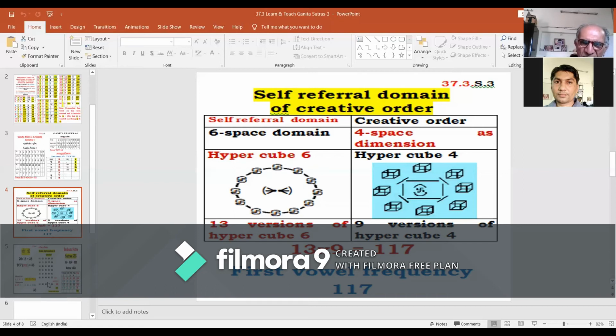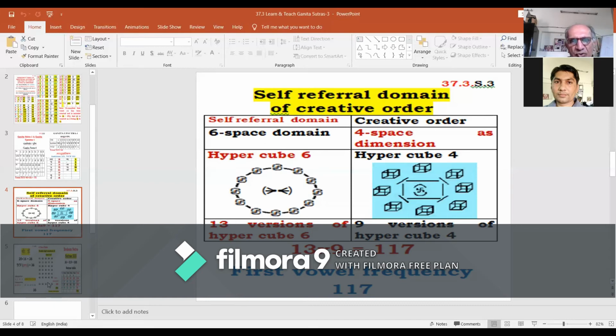So each of the 13 six-space domains has 9 versions for its creative dimension.